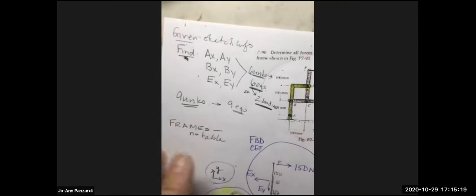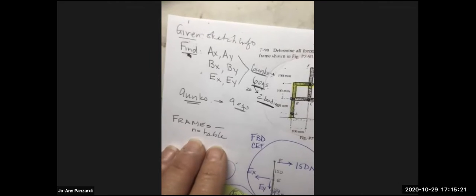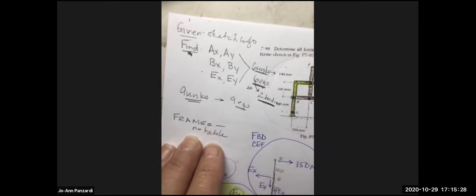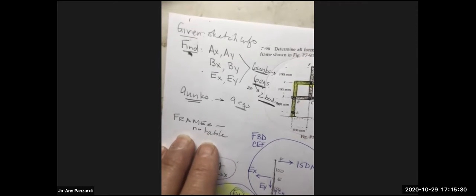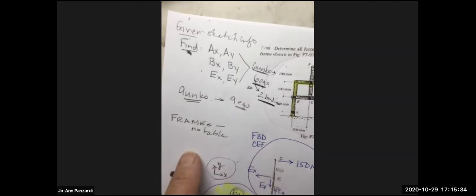Okay. I think we don't need to draw a table. How do you guys feel about that? No table? Because the tables we always had put all the forces on it, and I would have to put all 9 forces on it, and we're only talking about those forces.